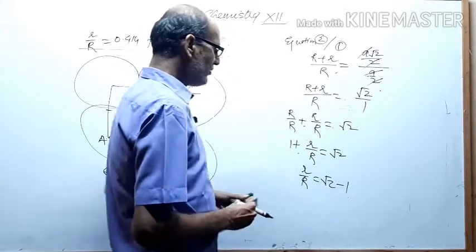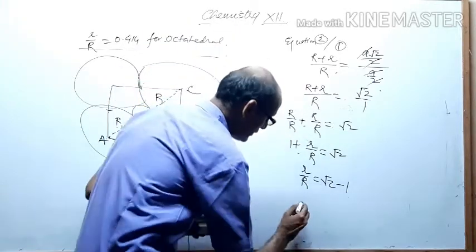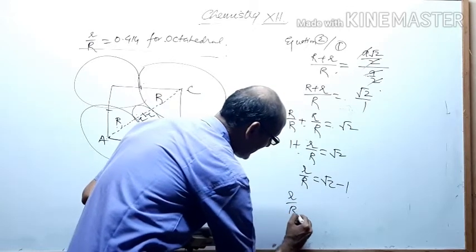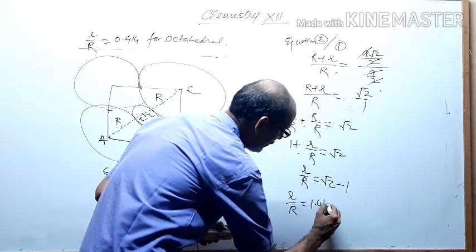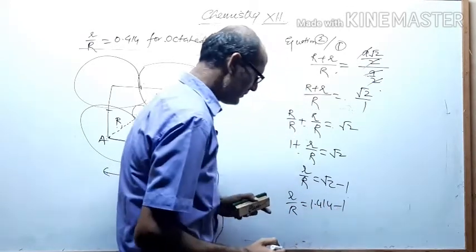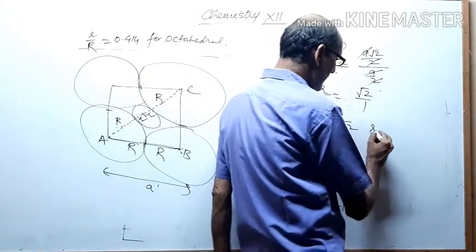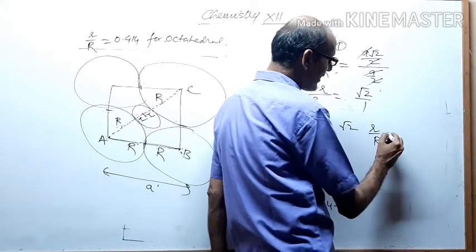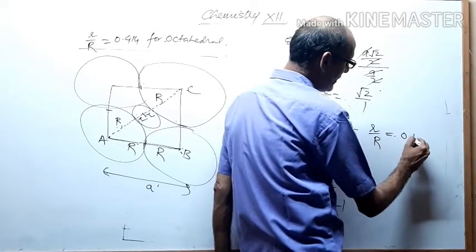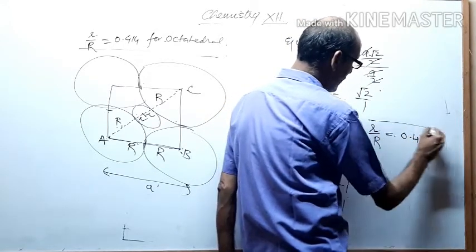If you put the value of root 2, you will get r upon capital R is equal to 1.414 minus 1. And finally you will get the derived form, r upon R is equal to 0.414.